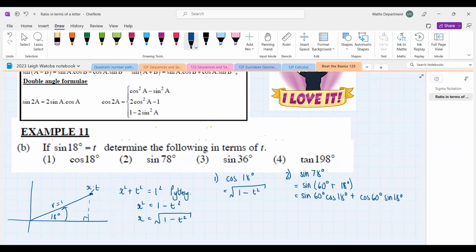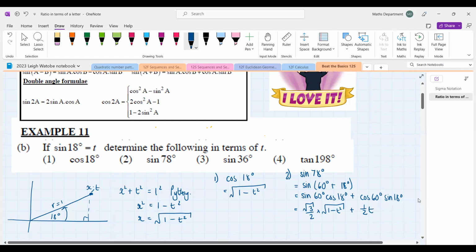All right, so the sine of 60 is root 3 over 2, isn't it? The cos of 18 is root 1 minus t squared. The cos of 60 is a half, and the sine of 18 is t.